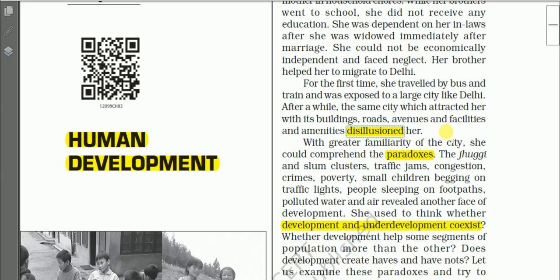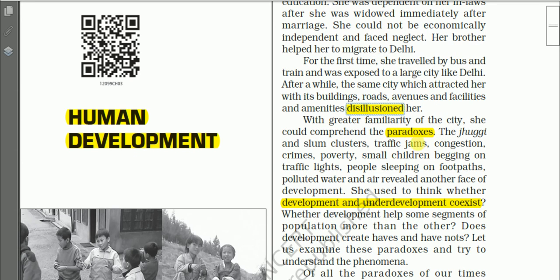Disillusion means disappointment on finding out that something is not as good as hoped, or that previous beliefs were false. She thought that cities are very good, so many facilities are there, but later on she found that her beliefs were false.